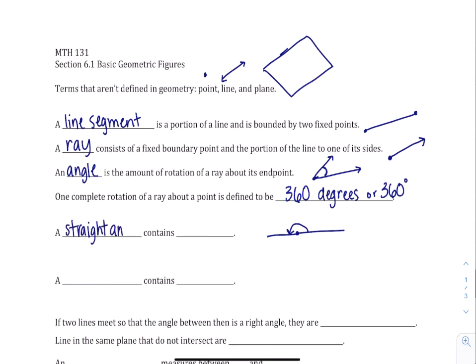So a straight angle is what we'll call a 180 degree angle. And then a right angle, we'll put a little square there to indicate that it's a right angle, and that has 90 degrees.